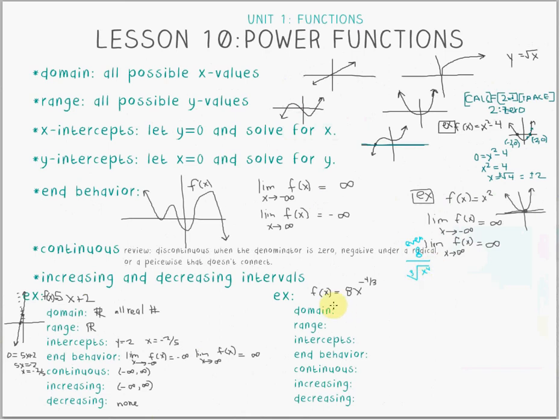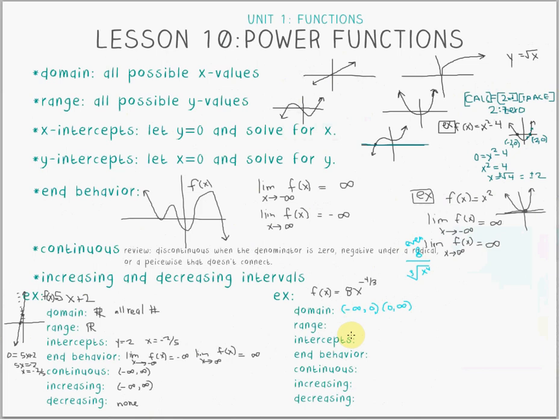Right now the only thing that really limits us is that 0 in the denominator. So I'm going to say that this can go anywhere from negative infinity to 0 and from 0 to infinity. But right at 0, it has a hole there. It's undefined right there at that point.